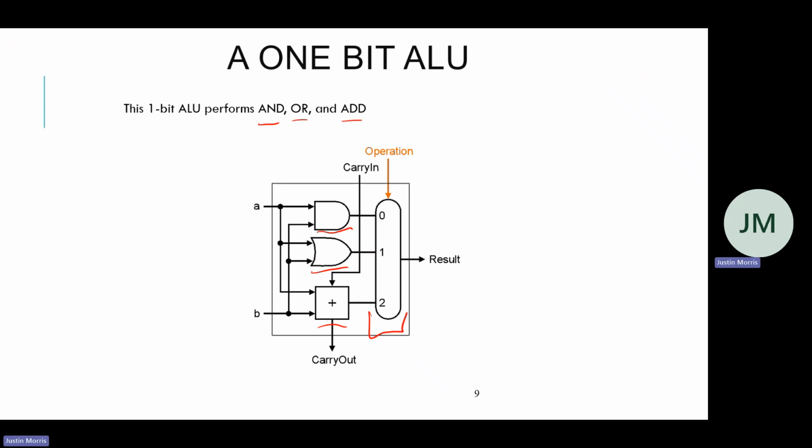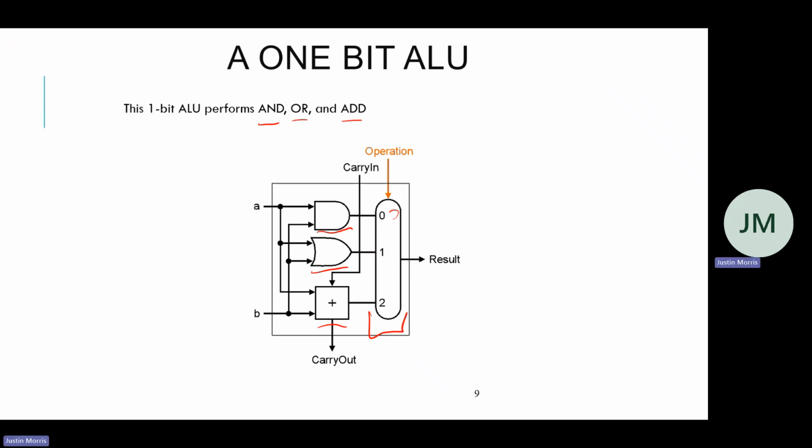So even though you select that you want the operation of an add, you still consume the energy to also do the AND and the OR. But do we see this? And how the mux is selecting? So if I select 0, what is my result? And if I select 1, select 2.